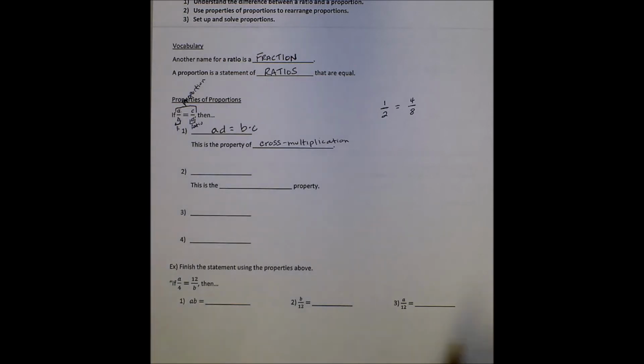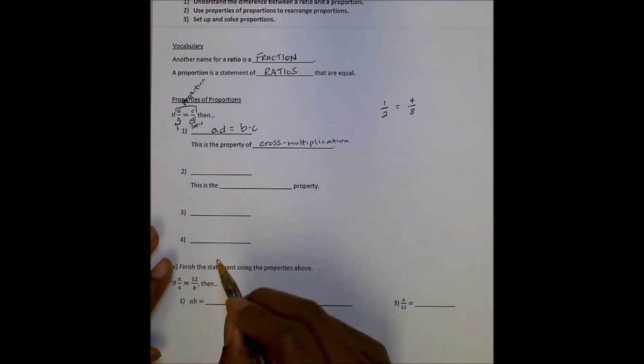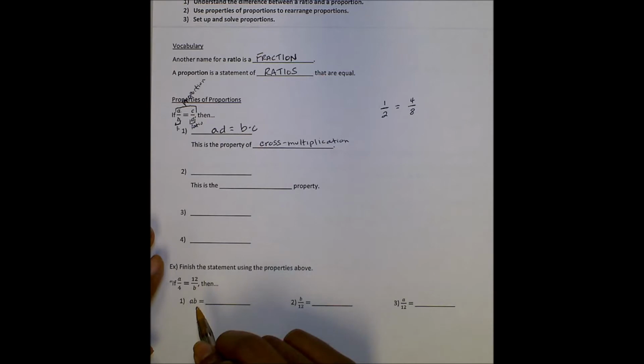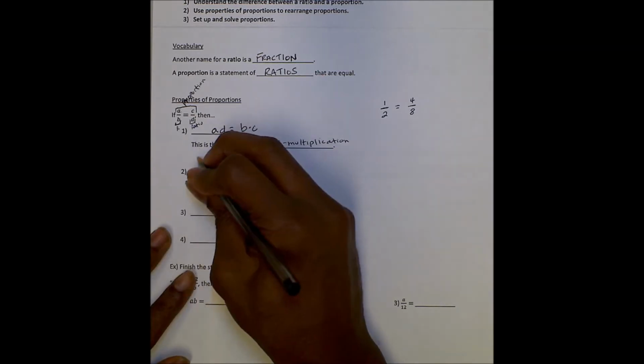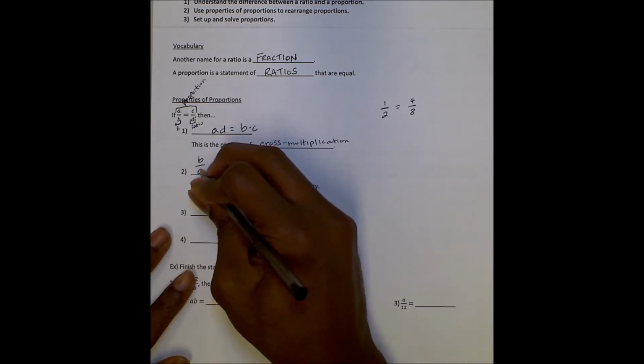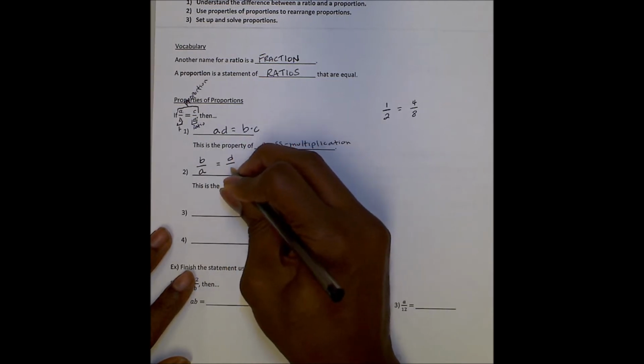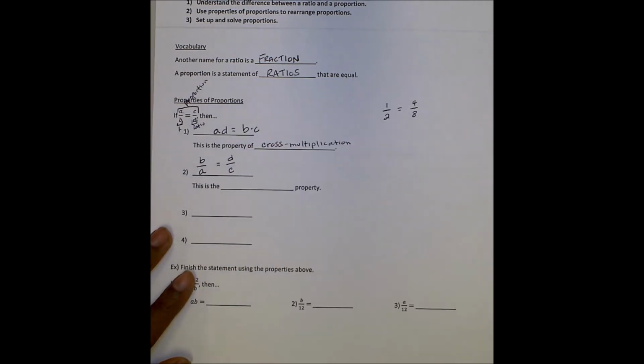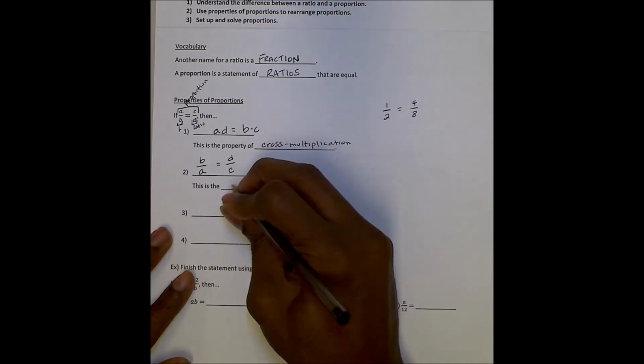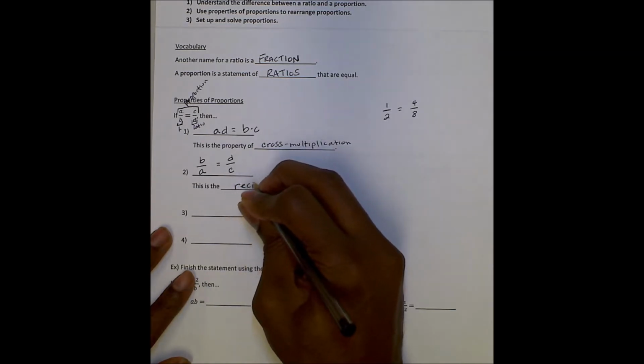Okay. Also, if A over B equals C over D, then we can say that B over A equals D over C. Okay, and this is just the reciprocal property. Reciprocal.